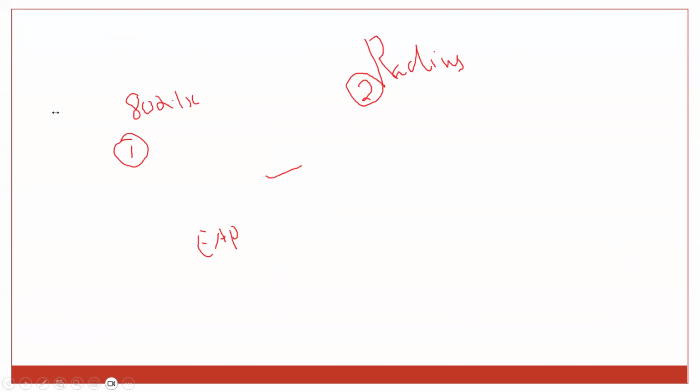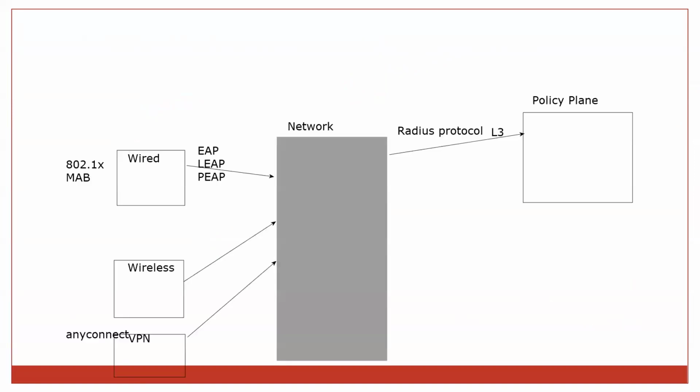Okay, so what we have discussed so far is that between the user and the network devices we have different protocols, and then from the network device to ISE you have different protocols. This was the diagram, right?